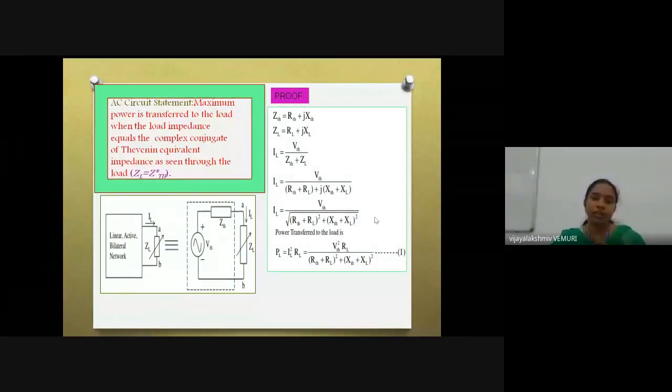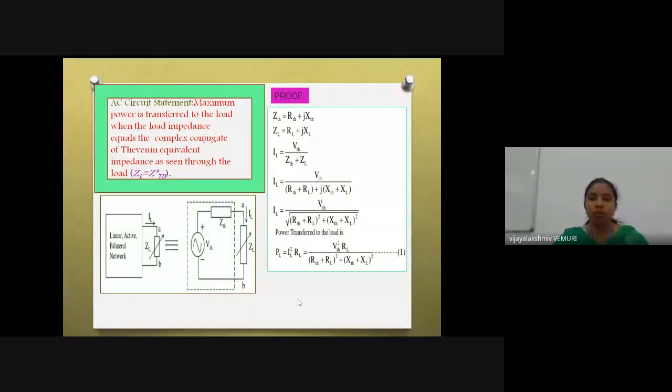For this, we have assumed the impedance of the load as well as the Thevenin impedance in the form of real part and imaginary part. Here also real part plus imaginary part. After assumption, we got the power equation, as the first equation, right? Are you with me now?